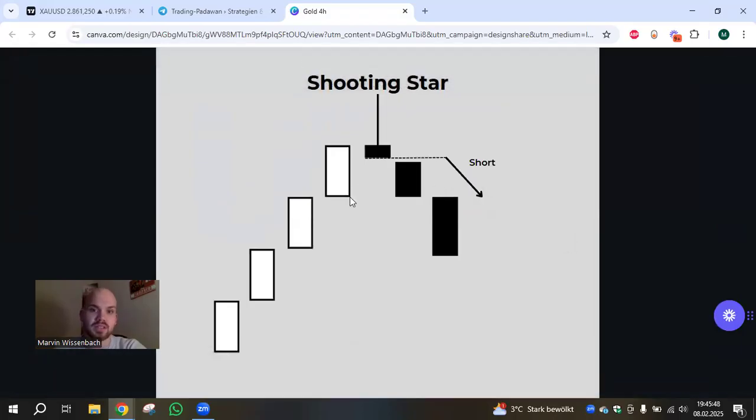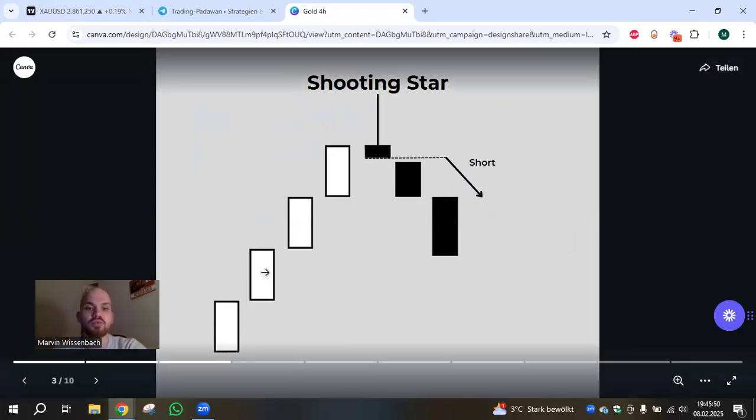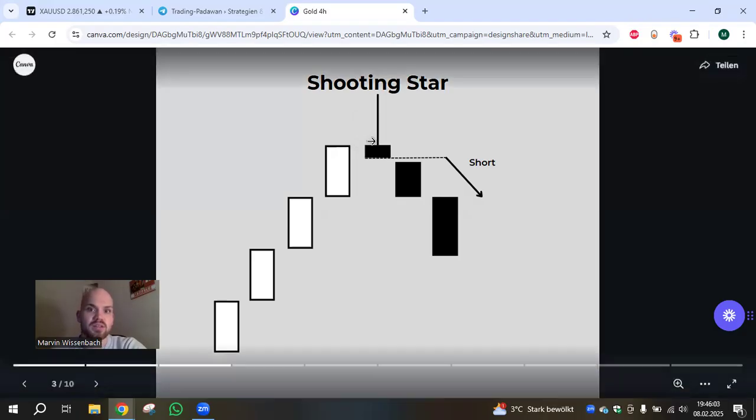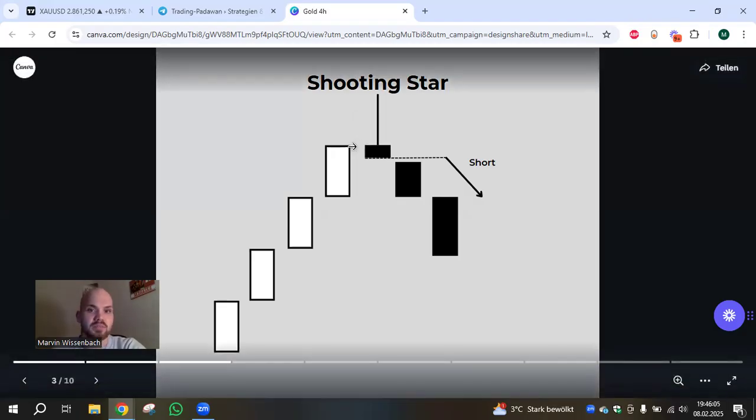The shooting star is this. So we have a move up, but instead of a consolidation and an engulfing candle, our entry model is now simply one 4-hour candle. This wick tells us where the market has been.